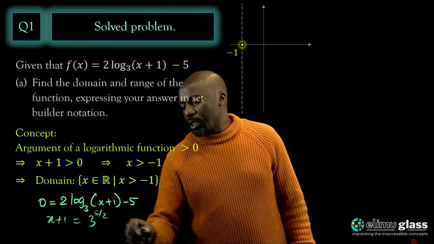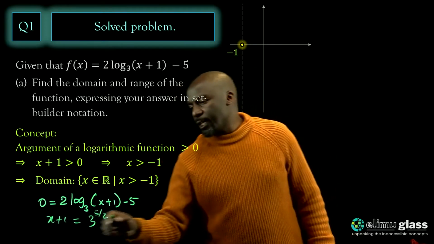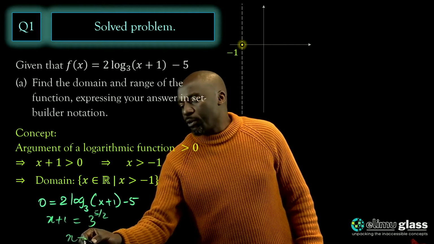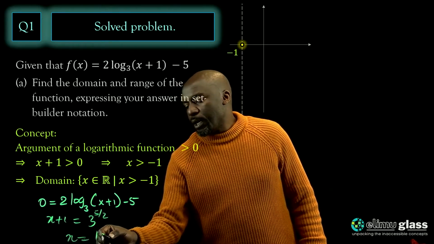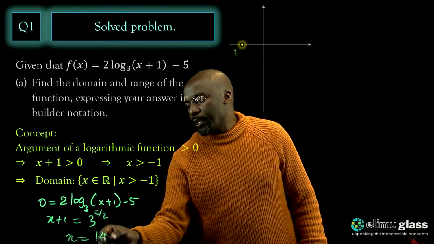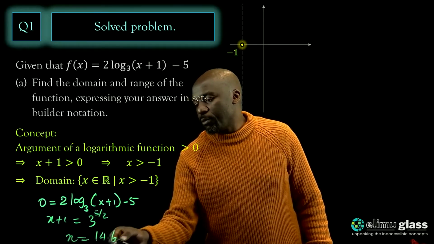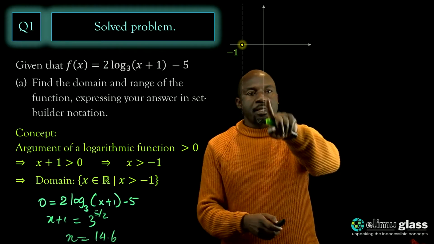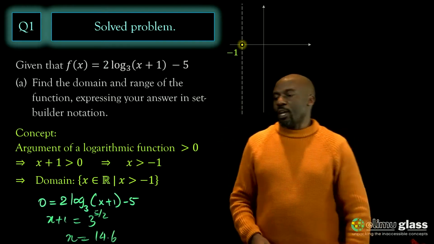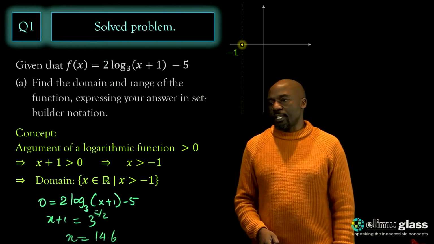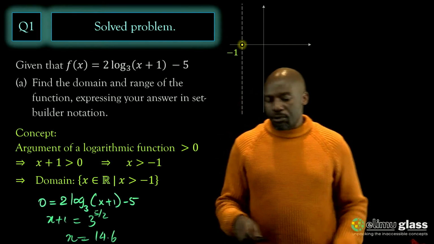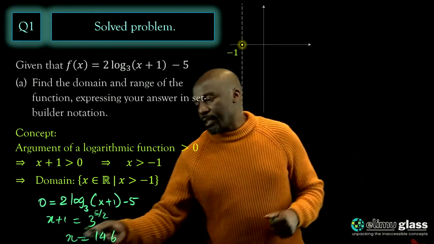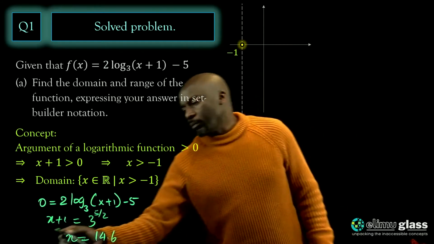I believe I worked this out to be about 14.6. So x is approximately 14.6, I think, 14.58, 14.6. Okay, so we know the graph is going to cross the x-axis somewhere on this side, where the value of x is positive 14.6. So this is the x-intercept.